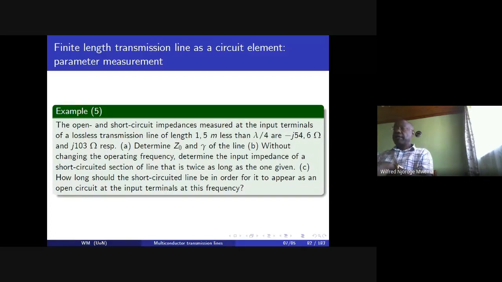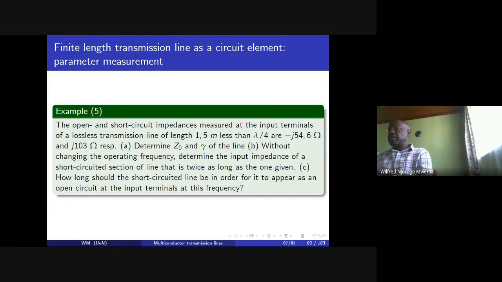We say the following: the open and short circuit impedances measured at the input terminals of a lossless transmission line of length 1.5 meters, which is less than quarter lambda on that line, are minus J 54.6 ohms and J 103 ohms respectively.